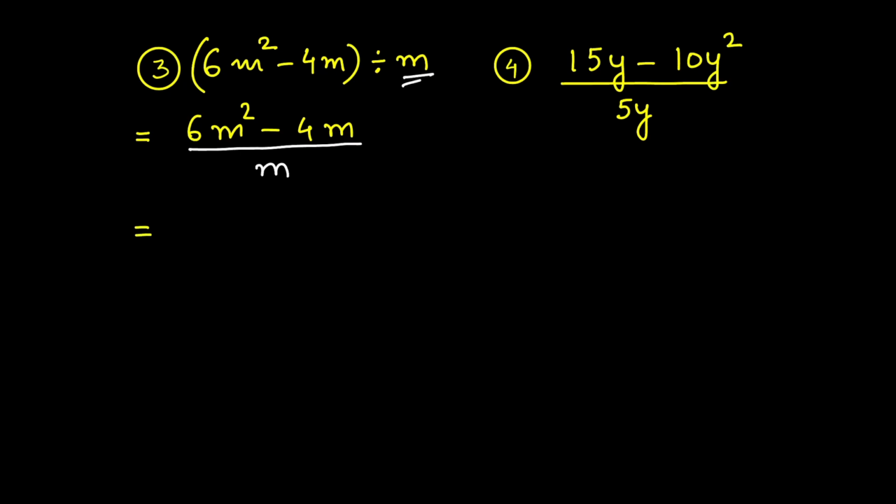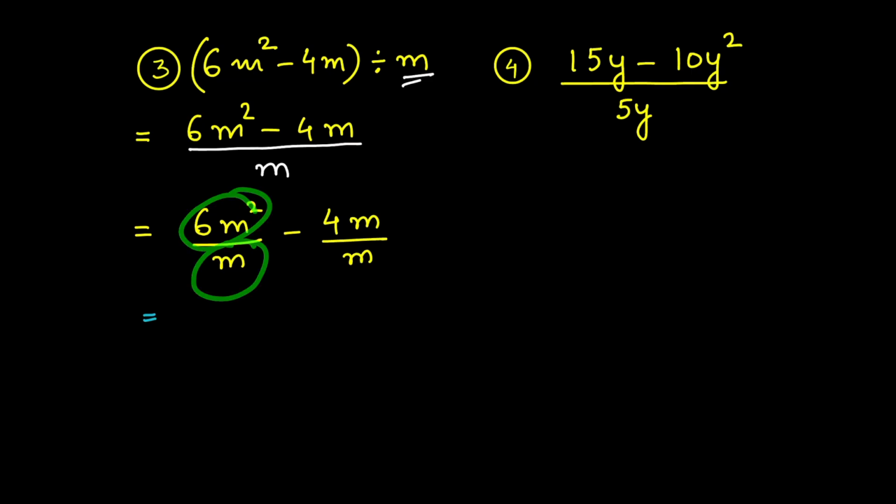In the next step, we write the denominator under both the terms, and then we do the normal, so it's kind of a monomial divided by a monomial. There is no number here, so it is 1, so 6 divided by 1, and m to the power 2 and m to the power 1, so no power is given, so we can take the power 1.